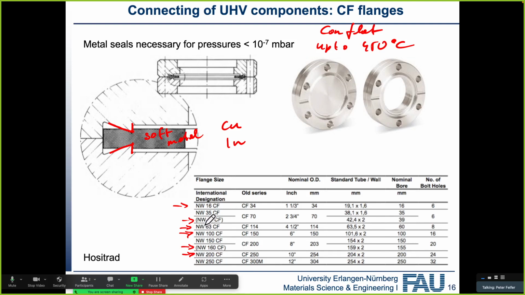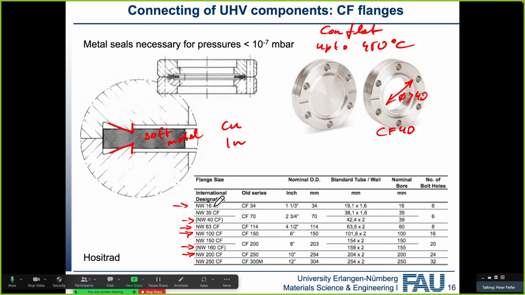Typically, you have to design your system around these sizes, and they actually stand for the clear bore diameter. Since I've worked with a lot of them, I know this is a CF40, and this means that internally we have a diameter of at least 40 millimeters.